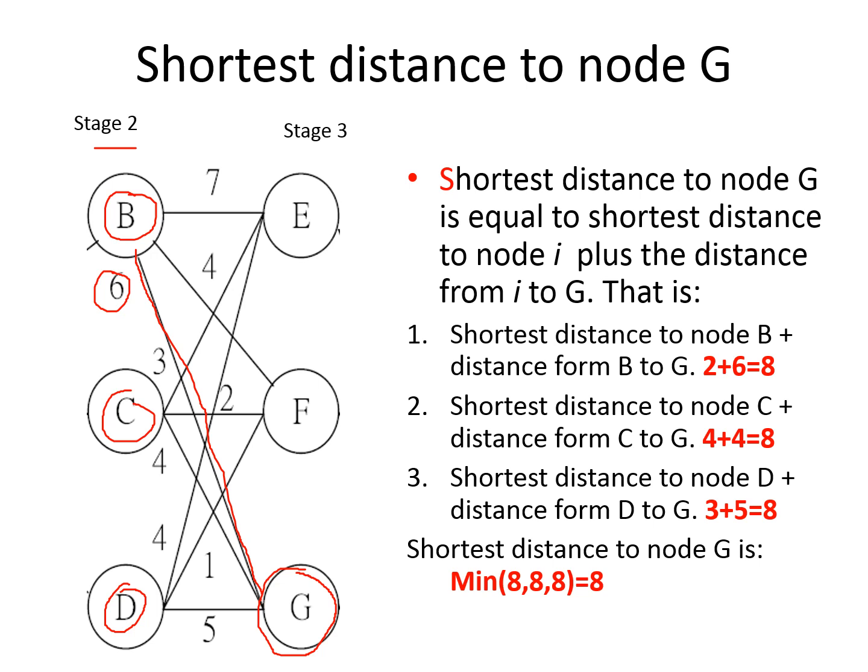So the distance from A to B is 2, plus 6, equals 8. Similarly, the shortest distance to C is 4, plus the distance from C to G, which is this 4, equals 8. Similarly, 3 plus 5 equals 8, and this 5 is the distance from D to G.